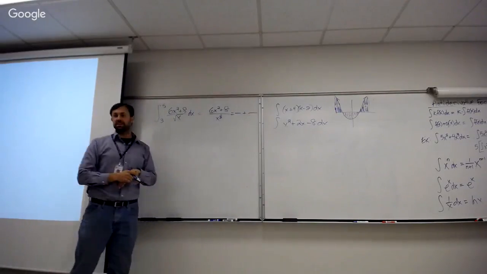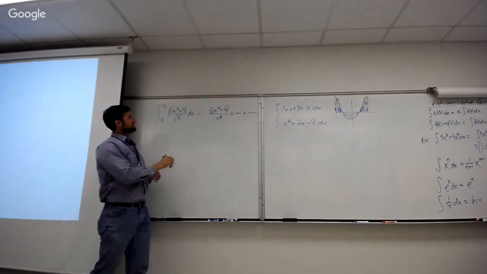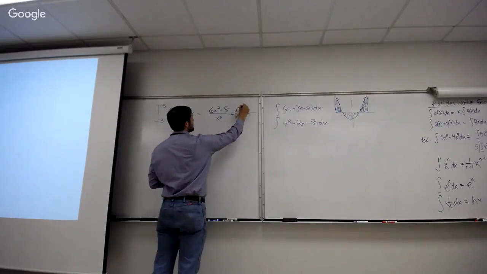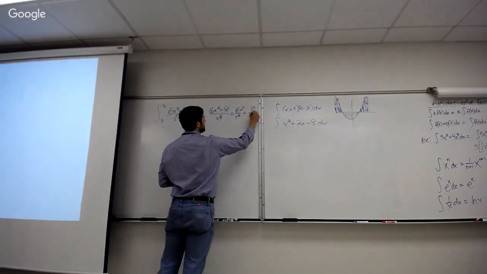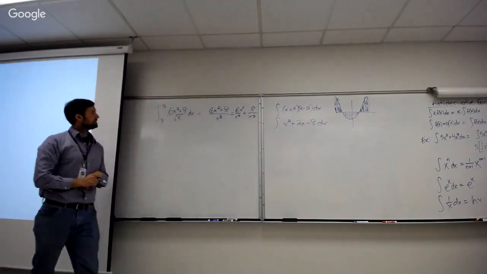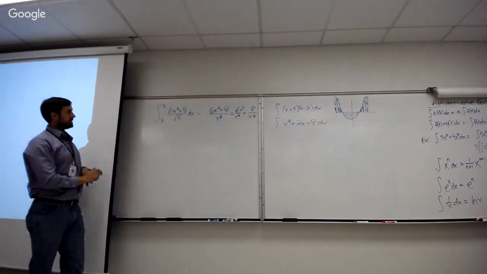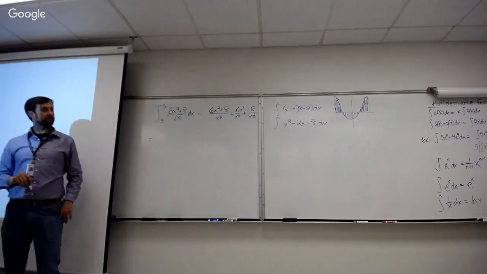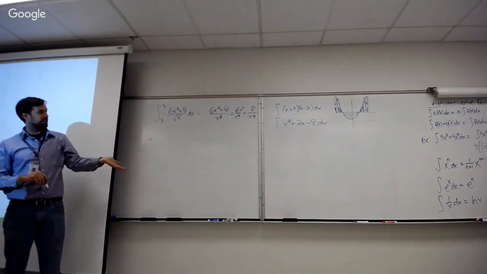Can we split a fraction like this? Yeah. We can. So this is really 6x squared over x to the 1/2, plus 8 over x to the 1/2. Then what? Now that we just have individual fractions, can I bring the x to the 1/2 up to the numerator?